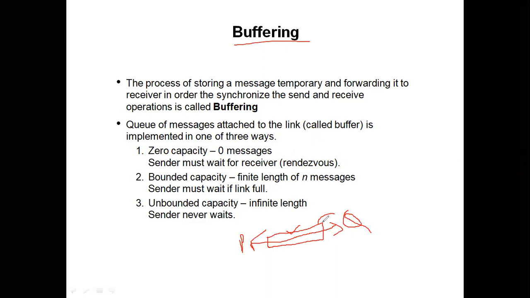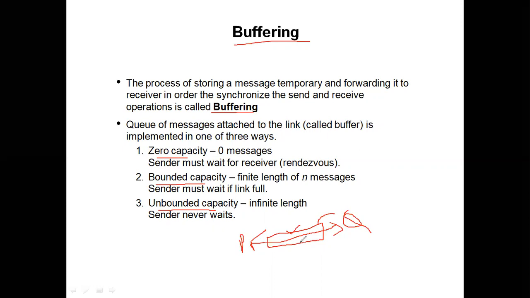The size of the buffer can be different in different cases. This process of storing and forwarding a message from a sender to a receiver is called buffering. And buffering can be implemented in three ways: zero capacity buffer, bounded capacity buffer, and unbounded capacity buffer.